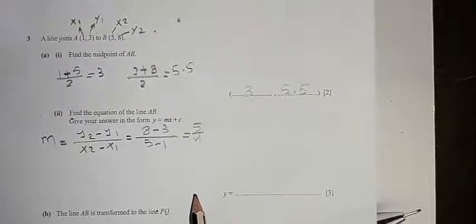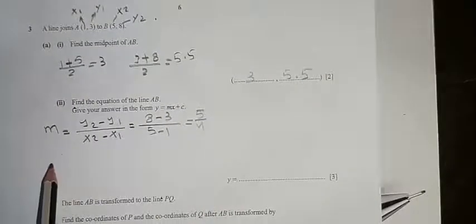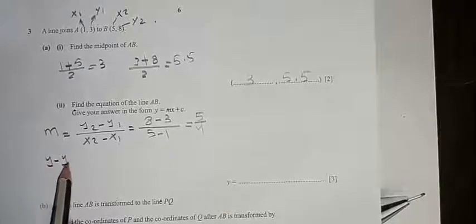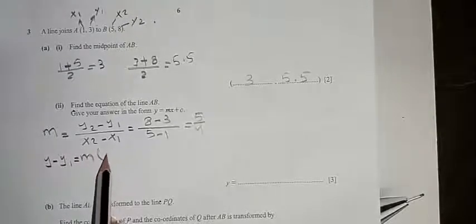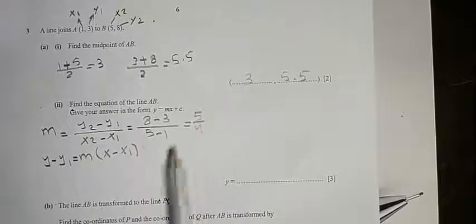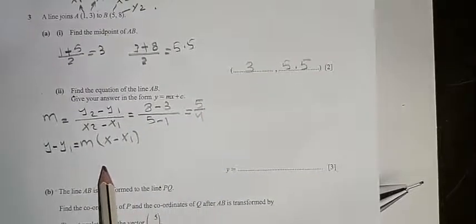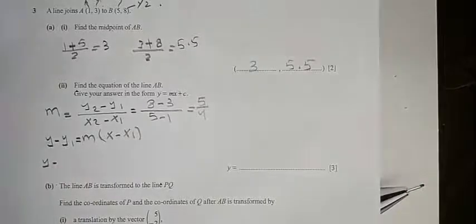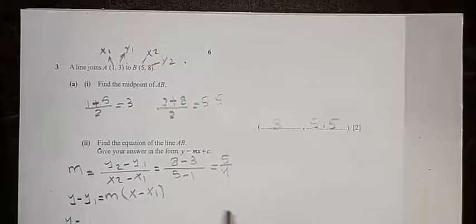And to write the equation, we use this form, y minus y1 equals m times x minus x1, where m is the gradient 5 over 4. So we can substitute here. We will take any point, the easy point.